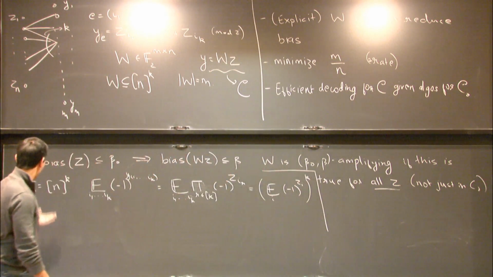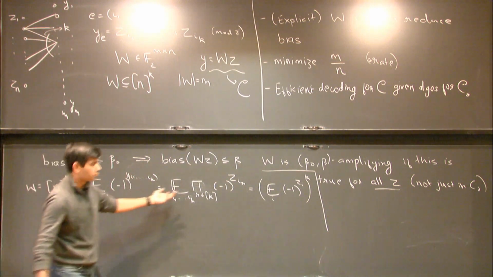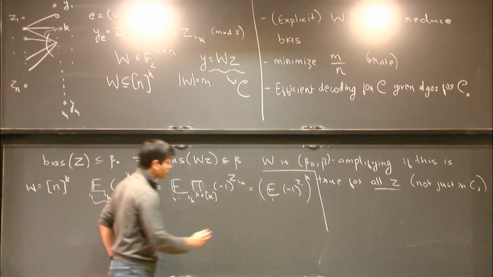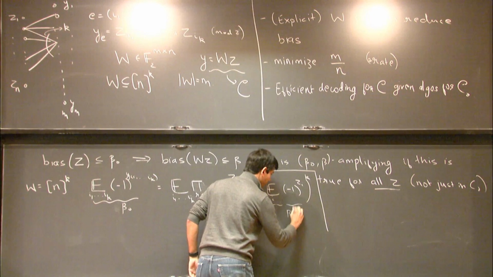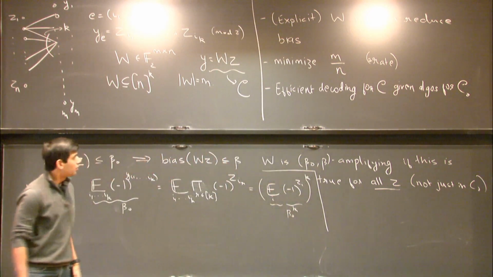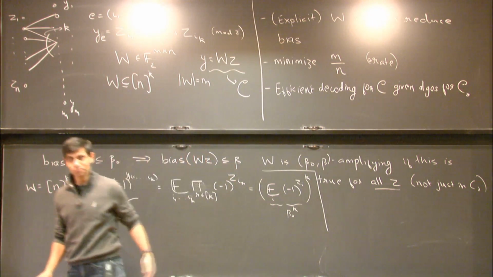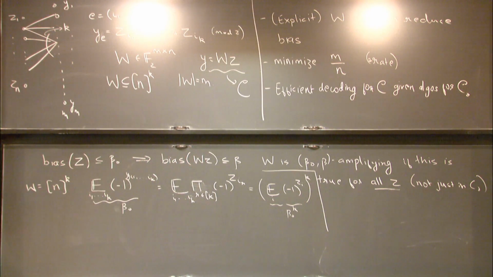So if we just take the complete collection of all k tuples, the bias just powers. And so if this was beta 0, then this will be beta 0 to the k. And so there is, of course, a nice explicit W which will reduce the bias, but the rate is terrible. Okay. Now, in the picture, it corresponds to having y1 to yn to the k. So it will be a very unbalanced bipartite graph.